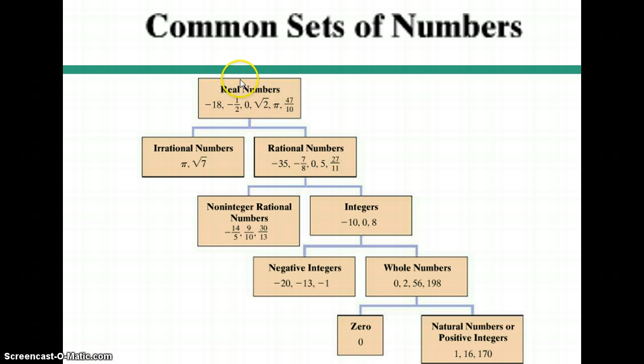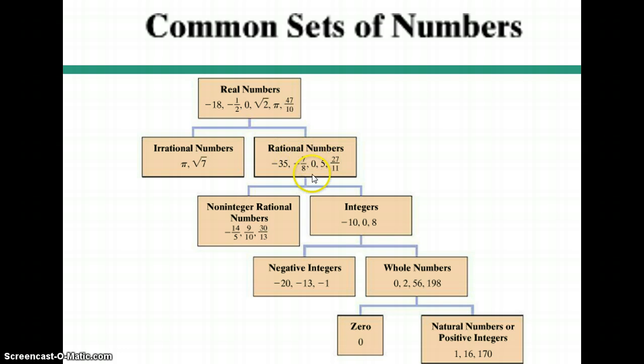Real numbers are again divided into rational numbers and irrational numbers. Look at the examples of irrational numbers: pi, square root of 7.